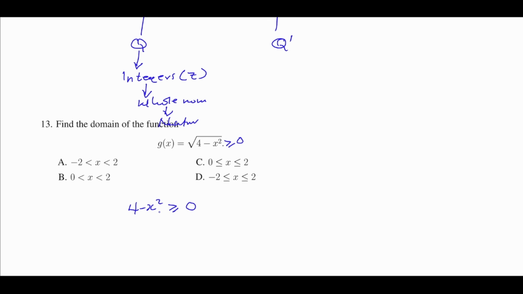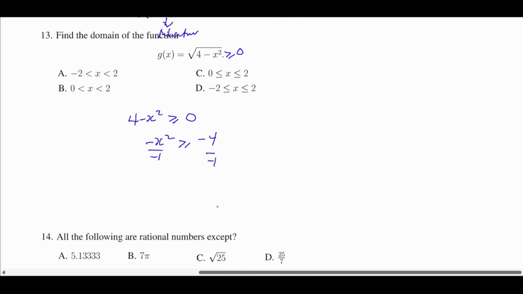Now we solve for x. I have negative x squared greater than or equal to negative 4. Divide through by negative 1. Since I divided through by negative 1, the sign changes. Then I have x squared less than or equal to 4.